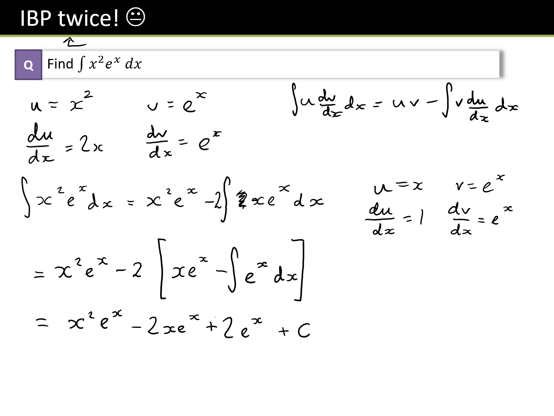So the differential part is the power of x, so x, and the integrate bit is the e to the x. Sub all of that into your formula, work it out, and then your answer, we can factorise out an e to the x. There's our answer.